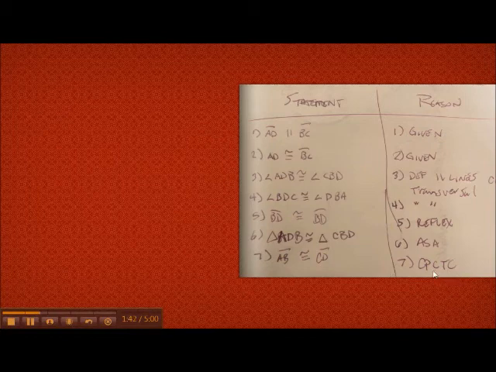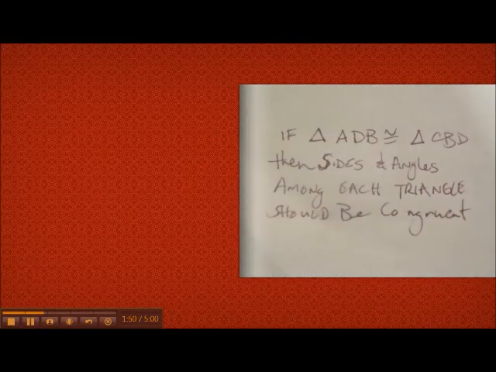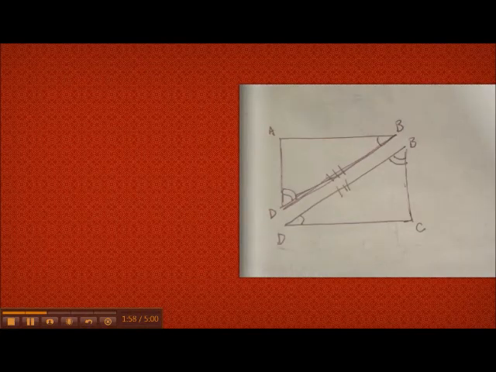And it's because of CPCTC, which just means corresponding parts of congruent triangles must be congruent. And there's that statement again. And there's the picture. You'll notice CD was the bottom, AB was the top. Those must be congruent. And we already knew that the other two sides were congruent.